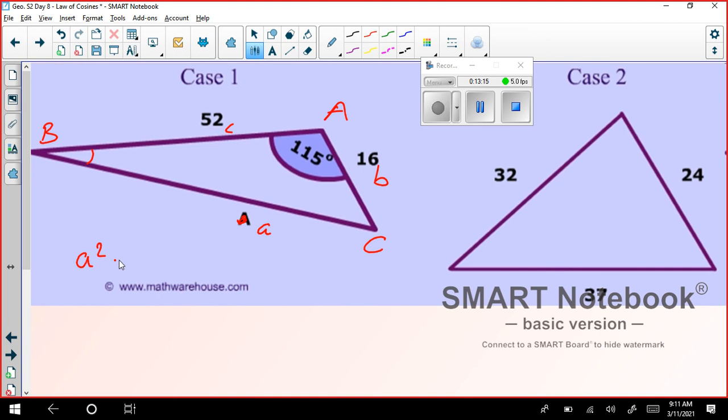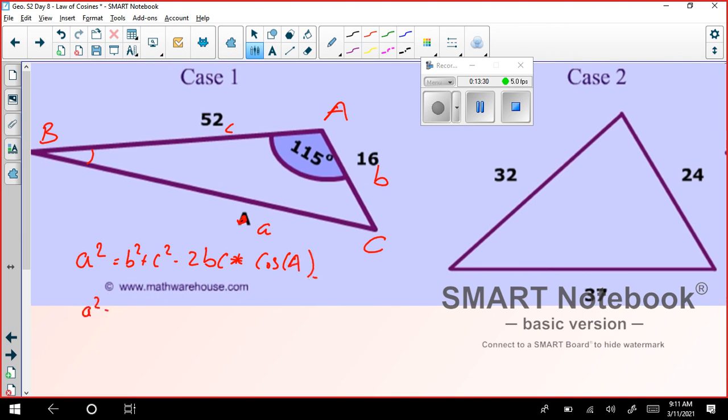A square equals B square plus C square minus 2BC times cos A. Let's substitute everything.